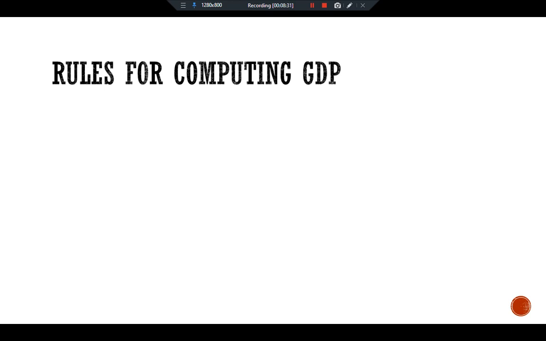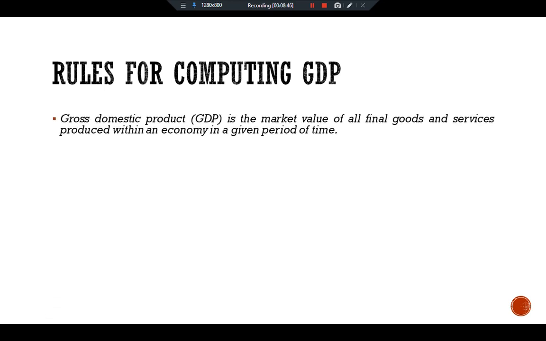To compute GDP for such a complex economy, it will be helpful to have a more precise definition of GDP: gross domestic product is the market value of all final goods and services produced within an economy in a given period of time. To see how this definition is applied, let's discuss some of the rules that economists follow in constructing this statistic.